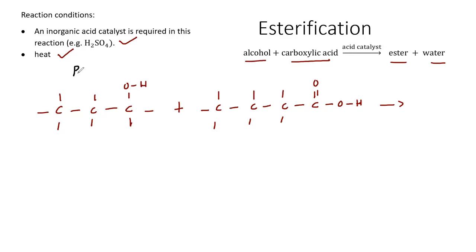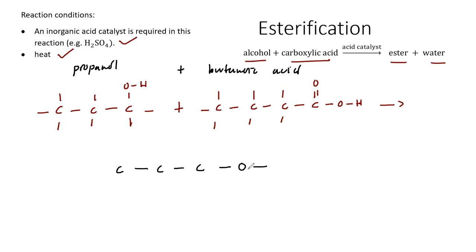The alcohol is propanol. That's the name. The carboxylic acid is butanoic acid. That's the name. The ester must start by having the number of carbon atoms from the alcohol. Then what? Put what I call the bridge. The bridge, which is an oxygen. The bridge.